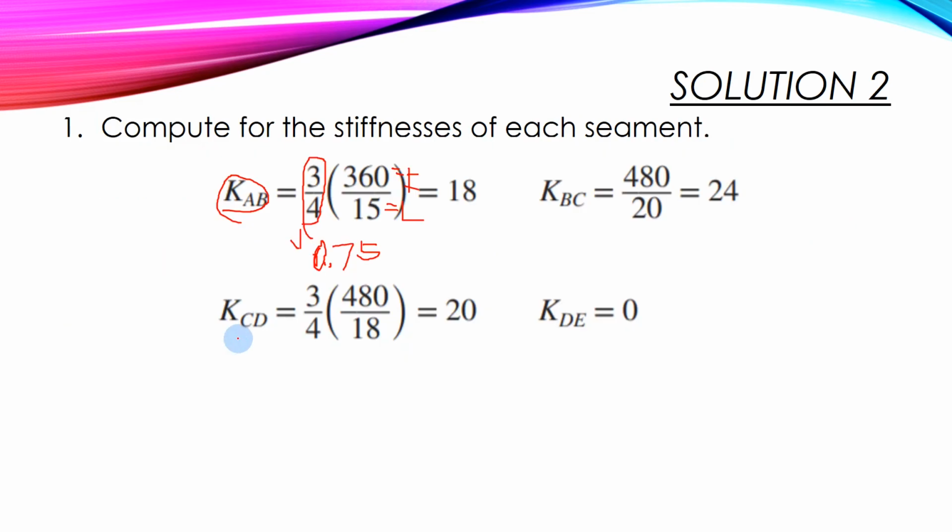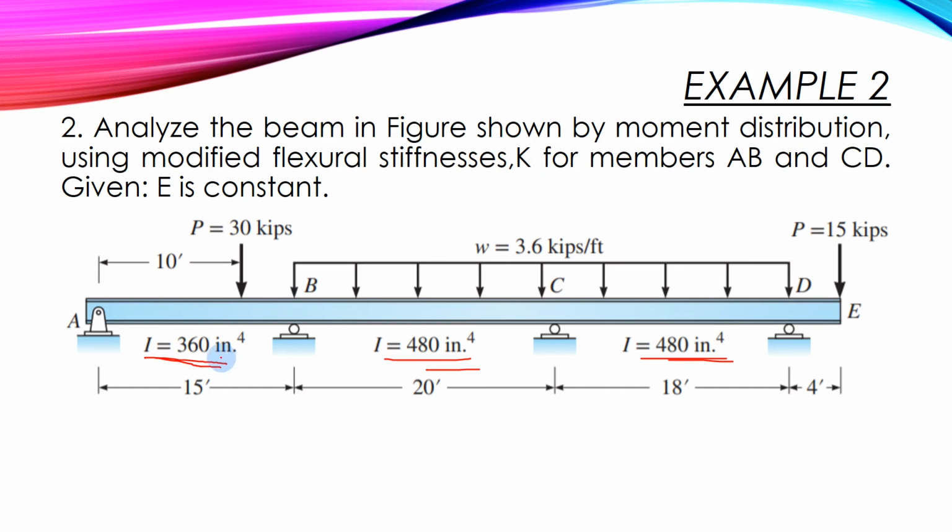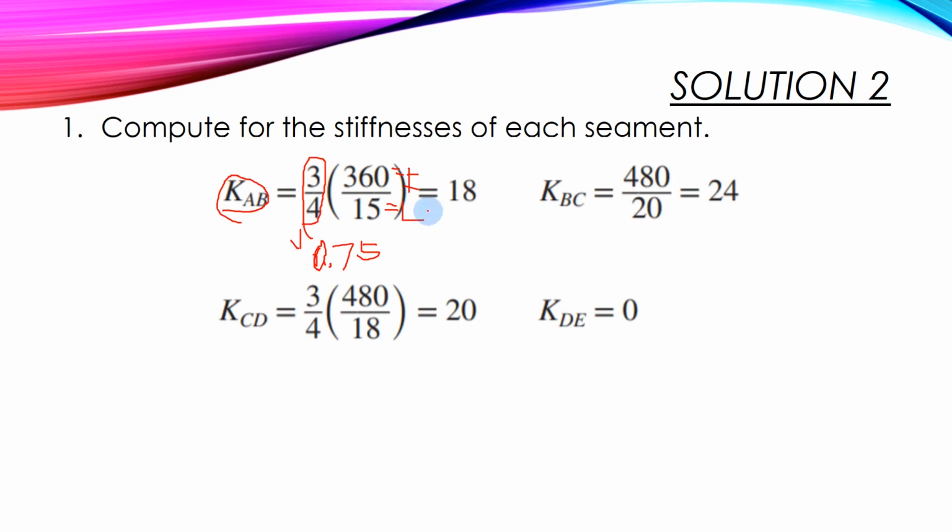I will explain later why there is no need to convert. Take note that even though I is in inches to the fourth and L is in feet, we use them directly. So to modify, simply multiply the stiffness, I over L, by 0.75 or 3/4. That is done for AB. BC is not modified; why, we will find out later.